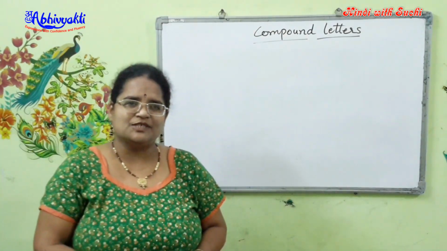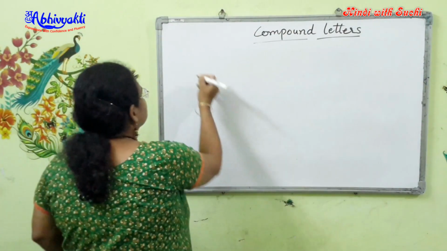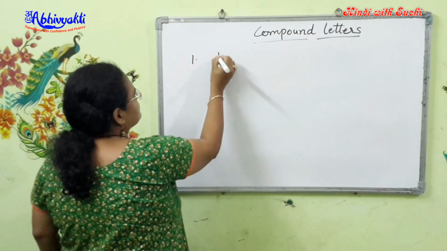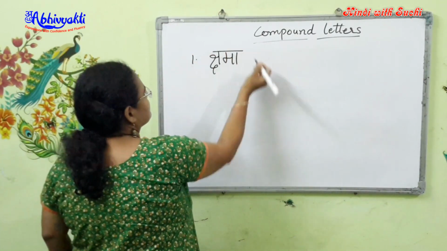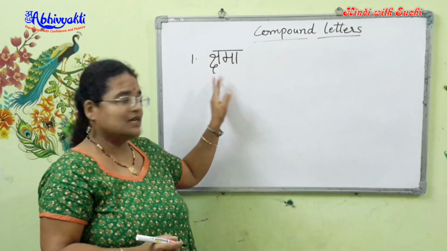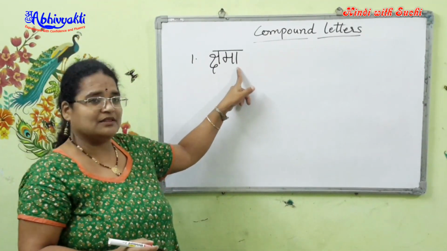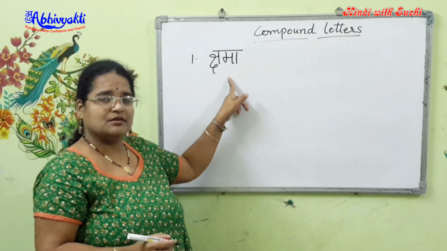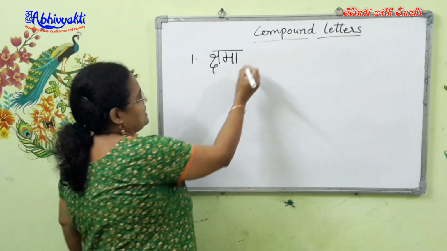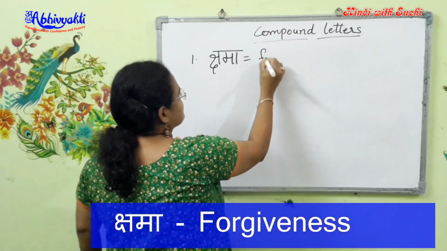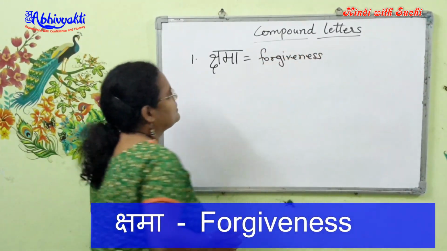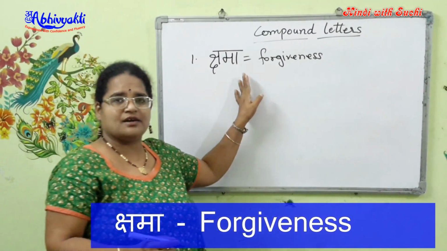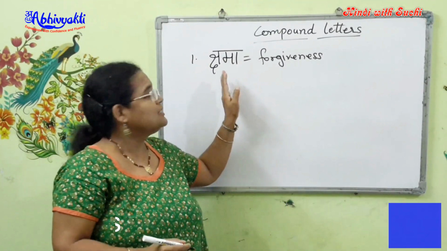Now let us have some words with them. Now I have ksha, ma with a matra. So kshama. Kshama means forgiveness. To forgive, kshama karna, forgiveness, kshama.